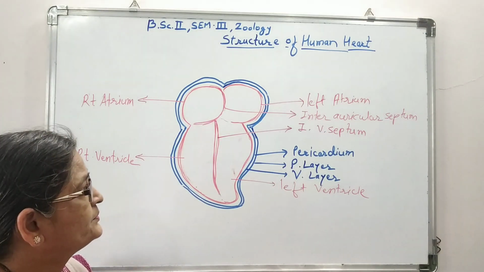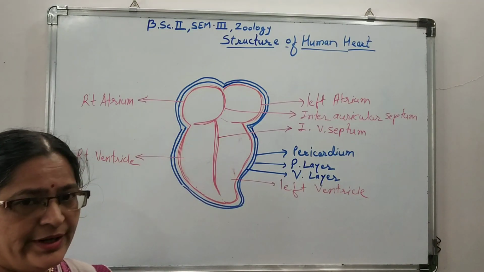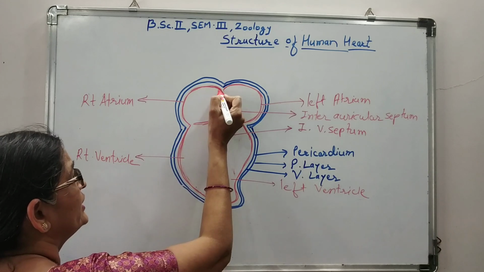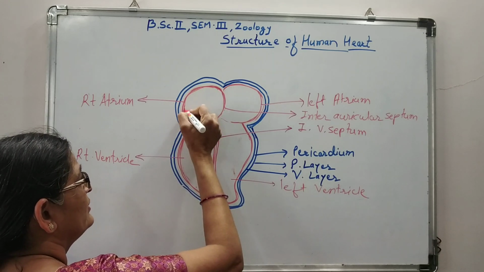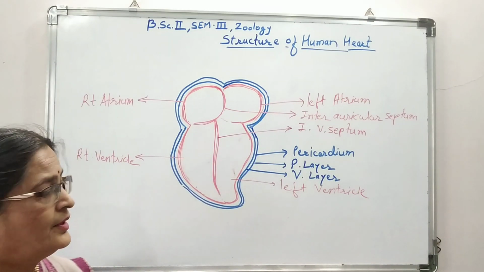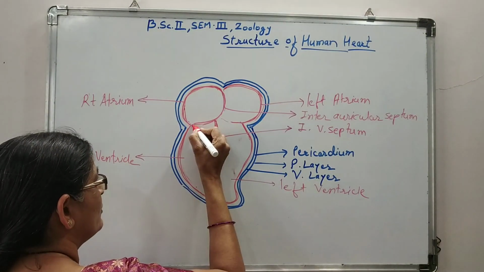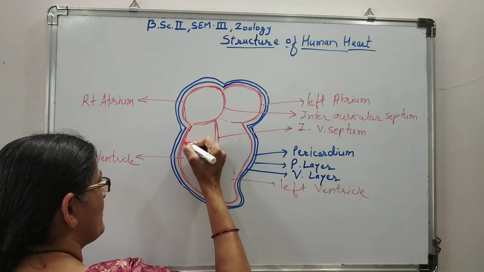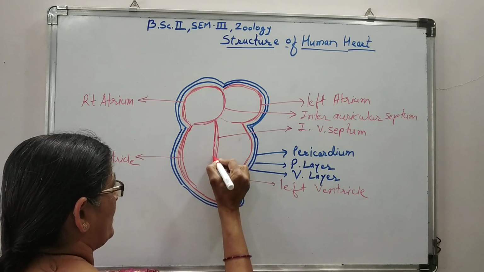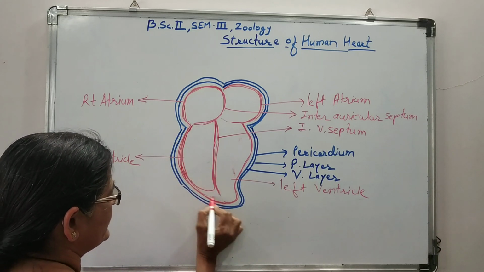Now observe the wall of the auricle as well as the ventricle. The wall of the auricle is quite thin, and that's why it is darker in color. And the wall of the ventricle is thick. Here we can observe the wall of the ventricle, which is quite thick.